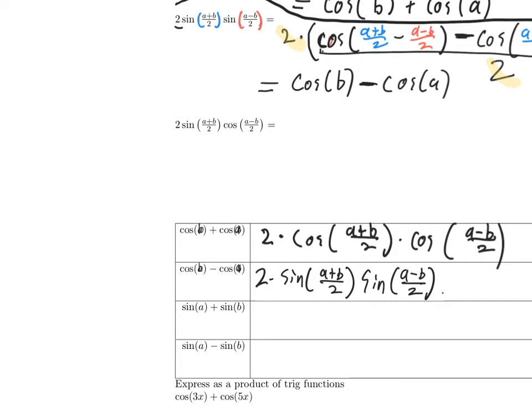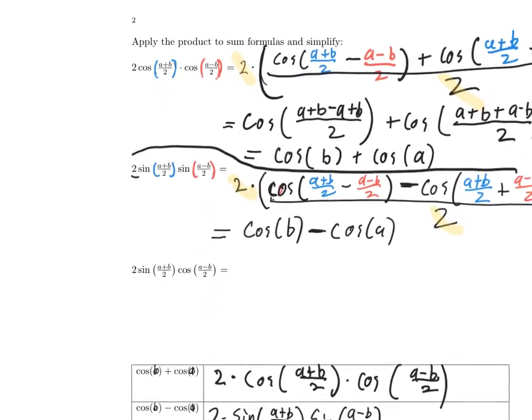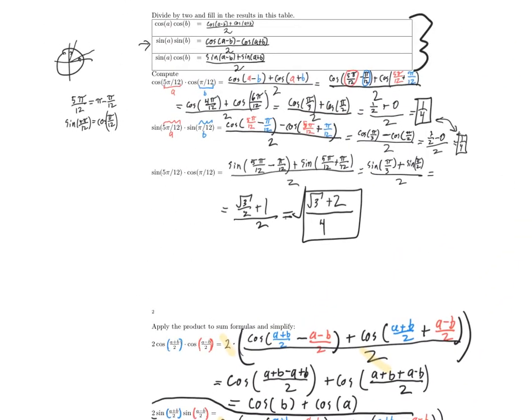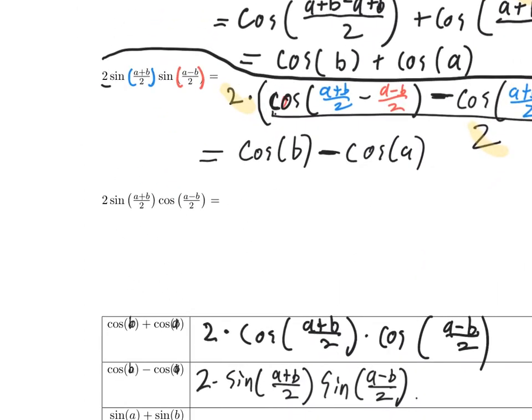And finally, let's see what happens if we do the same thing, but with sine and a cosine. And the reason to do that is because of this formula. So let's use that formula. So that says that this thing is the same thing as the sine of the difference plus the sine of the sum all over 2. So let's write that down.